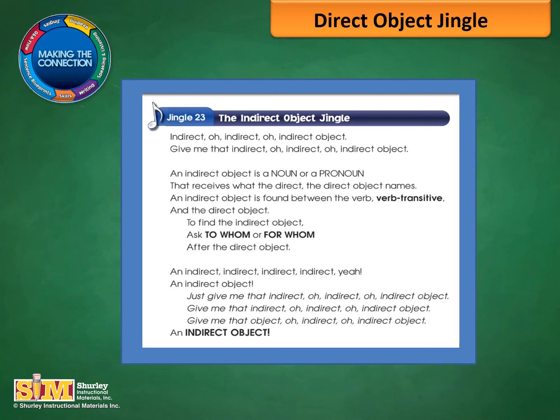To find the indirect object, ask to whom or for whom after the direct object. Give me that indirecto, indirecto, indirect object.